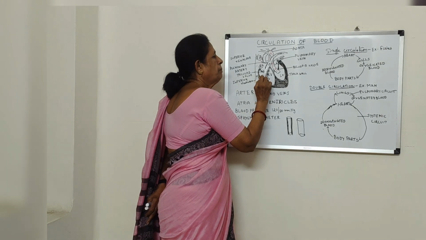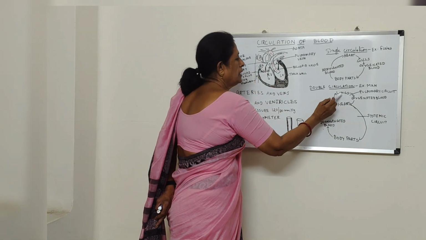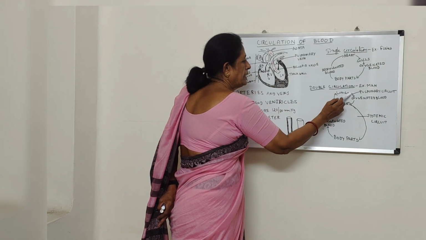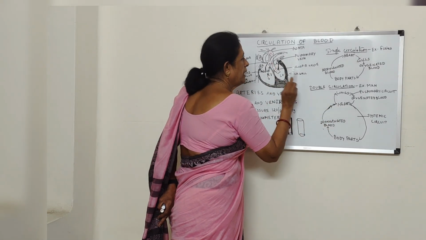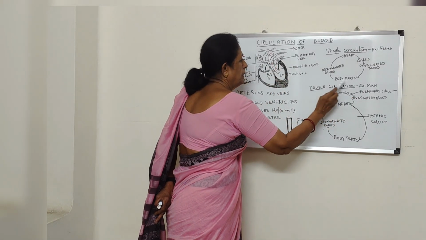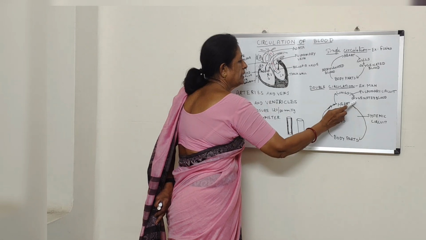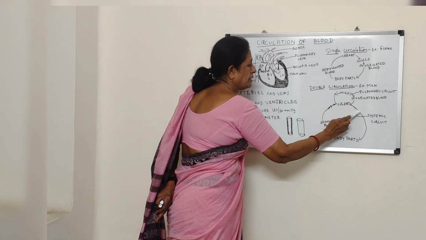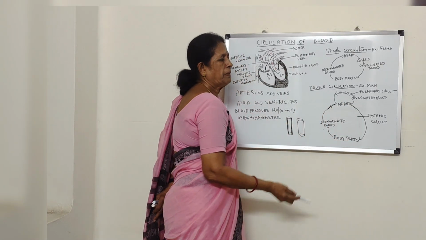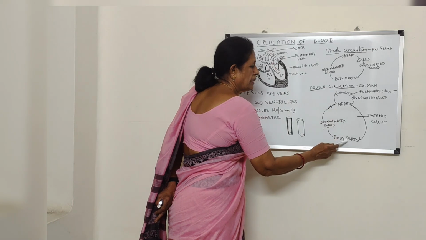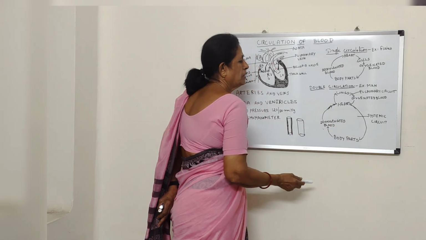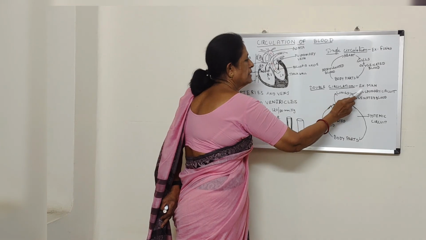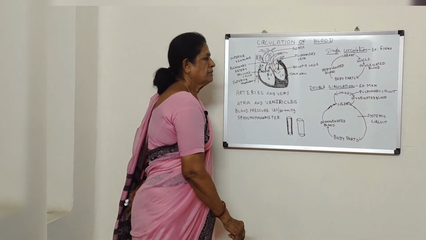From the right ventricle, the pulmonary artery goes to the lungs. In the lungs the blood gets oxygenated. The pulmonary vein brings the oxygenated blood back to the heart, and it is supplied to the body parts. The circuit between body parts and heart is the systemic circuit, and the circuit between heart and lungs is the pulmonary circuit.